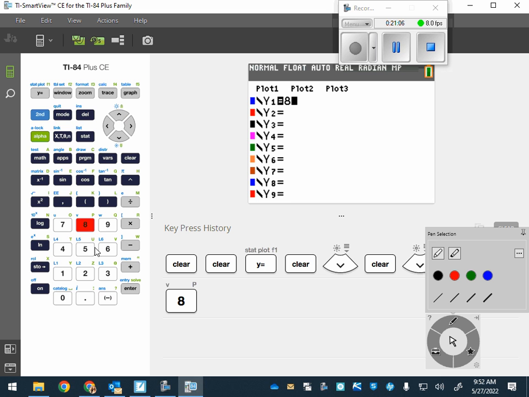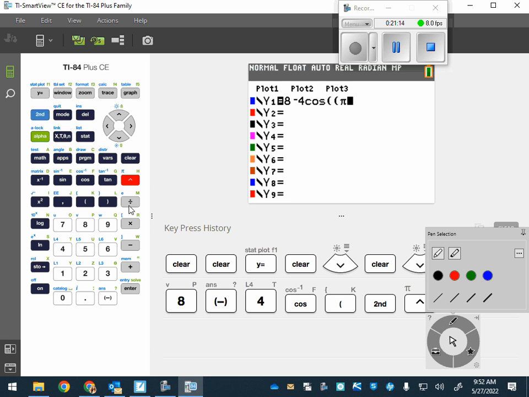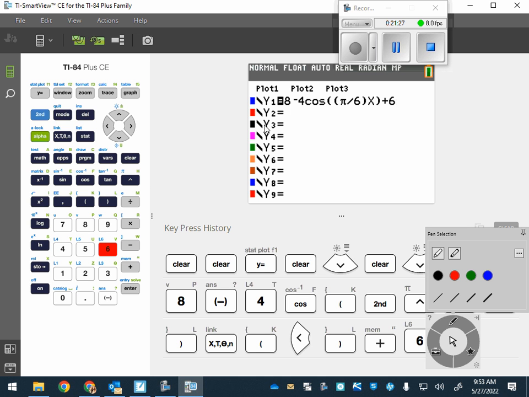I'm going to go through it right now. 8, then -4 cosine. You need 2 sets of parentheses. For second pi over 6. Close that set. X. Close it. Close it again. Plus 6.